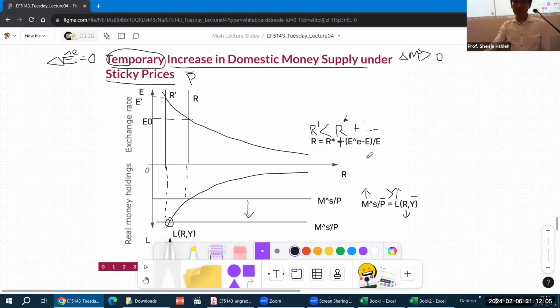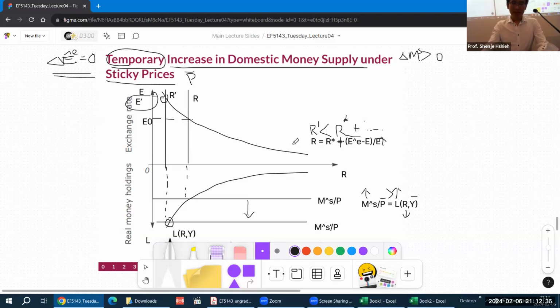That means that if expectations don't change, which means they're constant, then E has to move in a direction that reduces the right-hand side. And that's only possible if E increases, right? Because the larger denominator will decrease the entire expression. That's just the math.